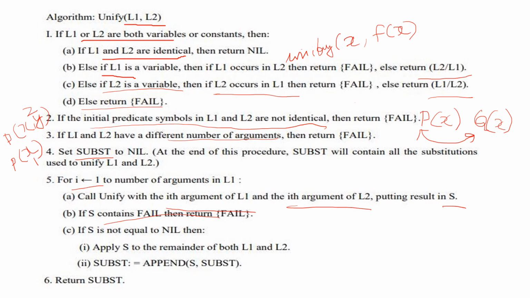If S is not equal to nil, then we apply it to the remainder, that is the remaining arguments of L1 and L2, and add it to the substitute. Each time we are appending S to the substitute. Then the sixth step is to return substitute.